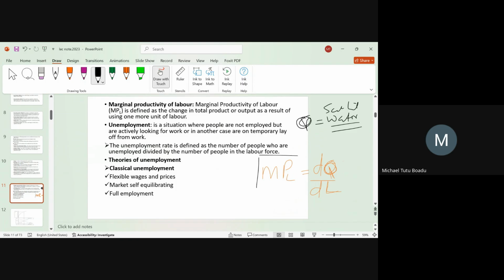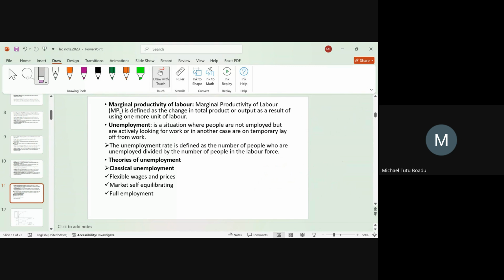That is what we call the marginal product of labor, the additional contribution of labor from the last unit of labor employed. So if I increase labor, how is that going to increase my output? If I decrease labor, how is that going to affect the quantity of water I want to bottle per day? That is what we call the marginal product of labor or marginal productivity of labor. I know you did this before in Principles 1 or Elements 1, so we are just recapping.